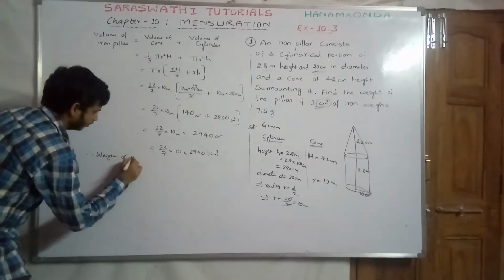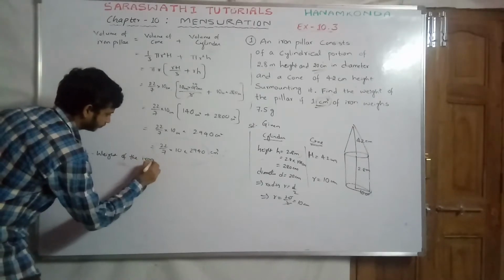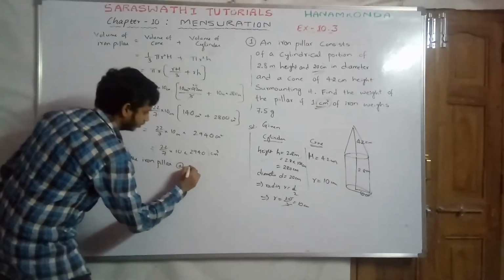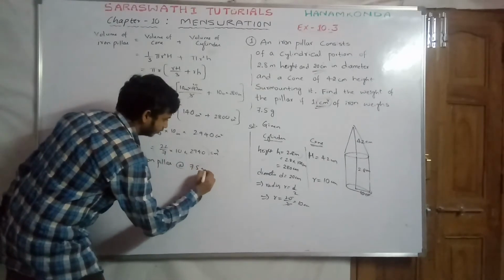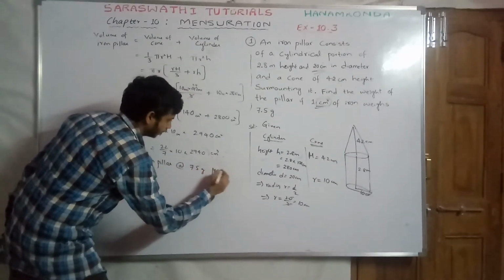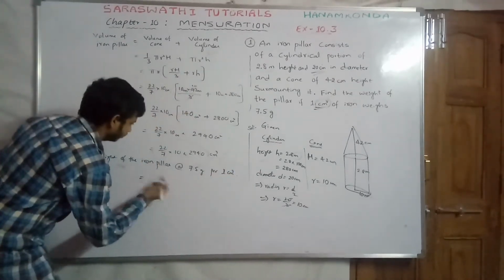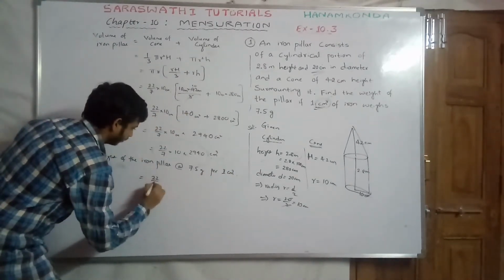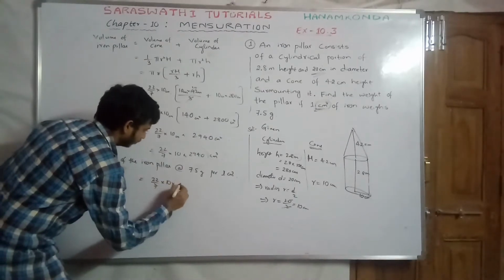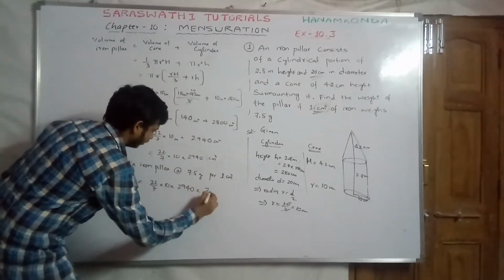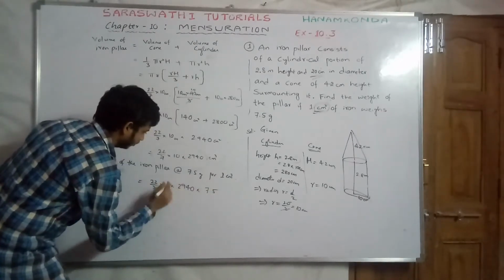The weight of the iron pillar at the rate of 7.5 grams per 1 cubic centimeter equals 22 by 7 into 10 into 2940 into 7.5 grams.